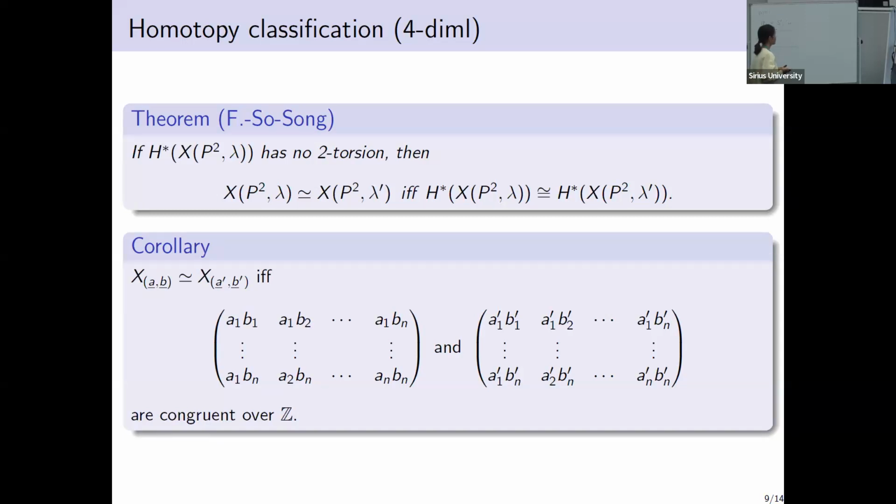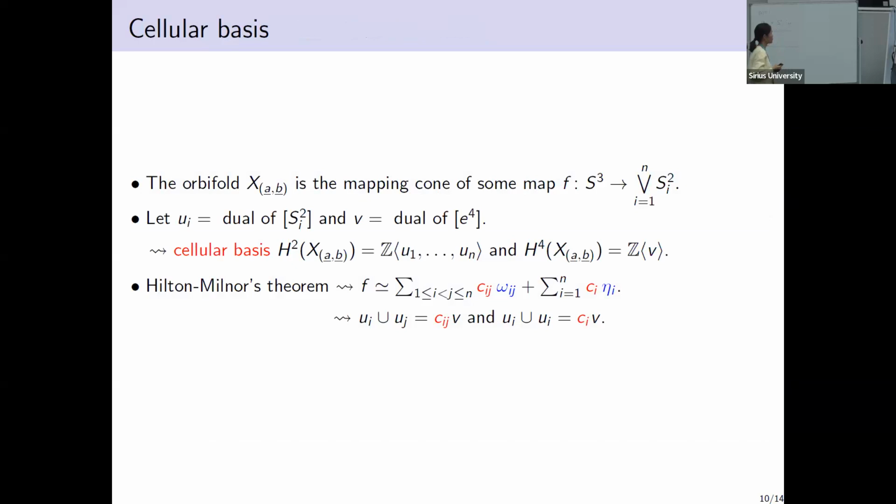So in the remaining time, I want to talk about the ideas for proving this calculation. First of all, from the homotopy theoretical point of view, according to a result by Barry, Schumann, and Song, such a toric orbifold can be understood as the mapping cone of some map f from S3 to n copies of a wedge of two-dimensional spheres.